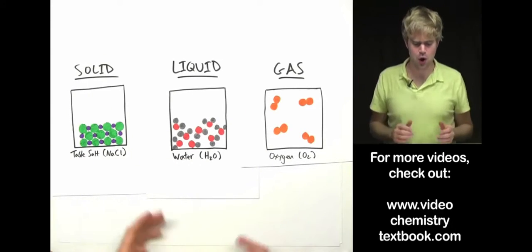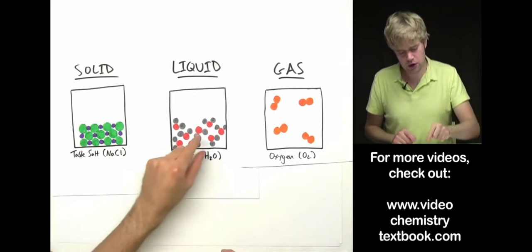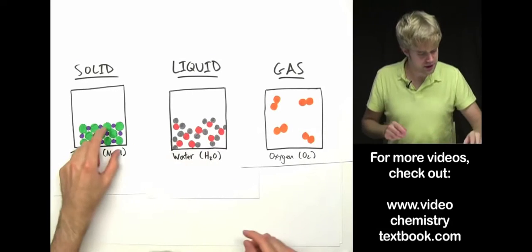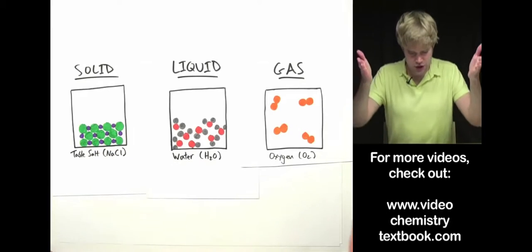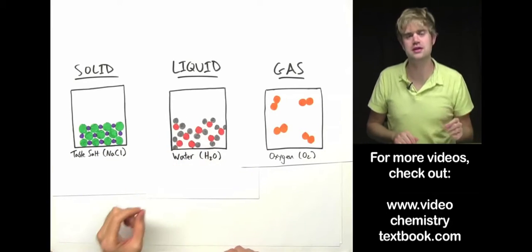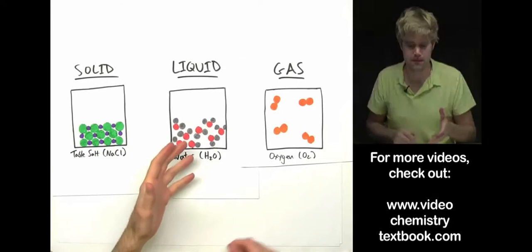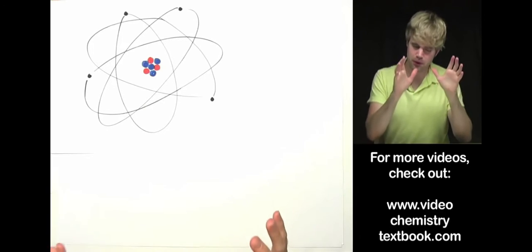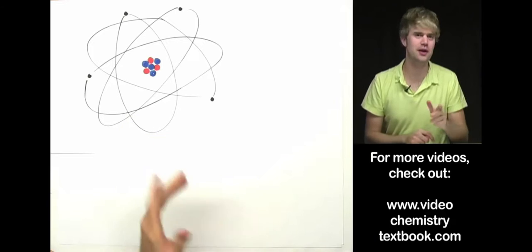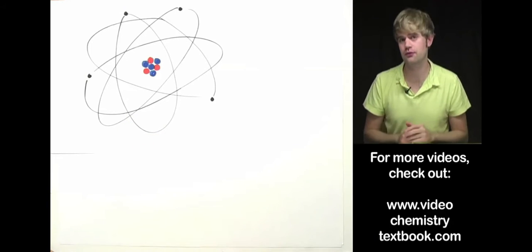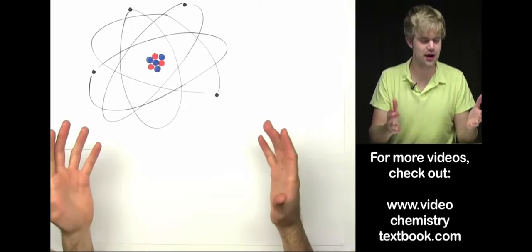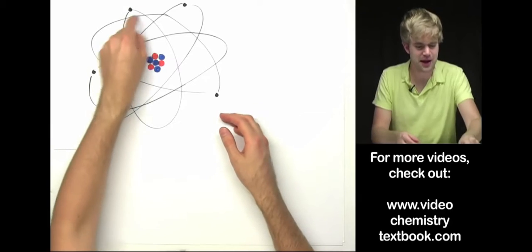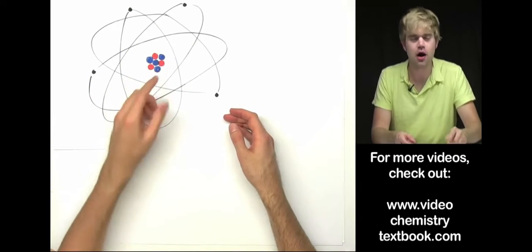Now, what I want to do now is look even closer at an atom. Let's take one of these atoms here and zoom in even more so we can see what's inside of it. Here's a magnified view of one atom. It's not a perfect representation of exactly what an atom would look like, but it's close enough for right now. And check this out. The atom itself is made up of even smaller things.